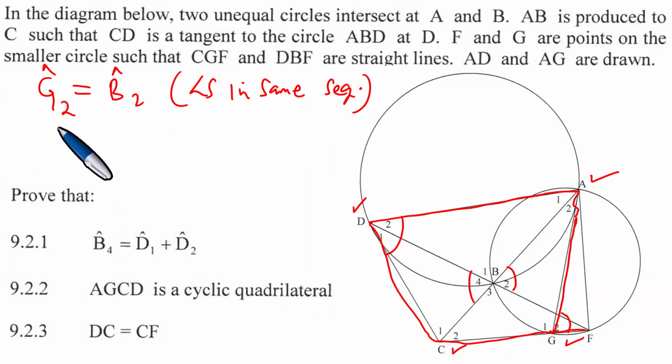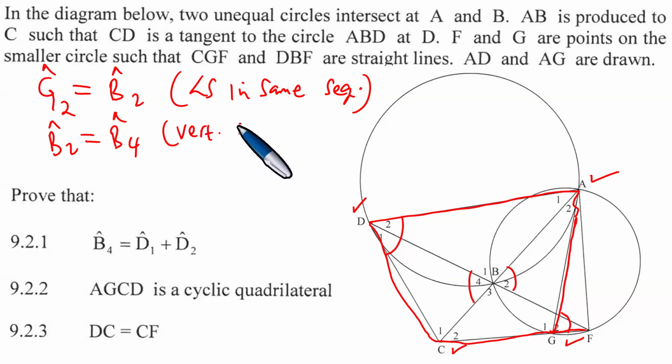Why? Because these are vertically opposite angles, okay? So angle B2 equals angle B4, and these are vertically opposite angles.